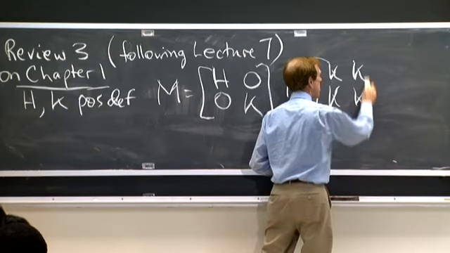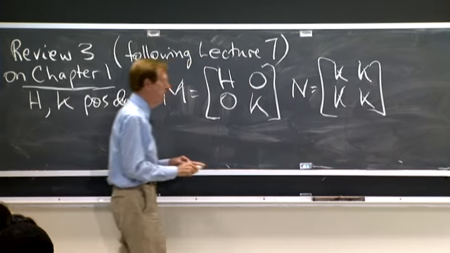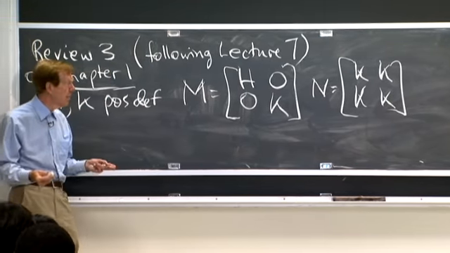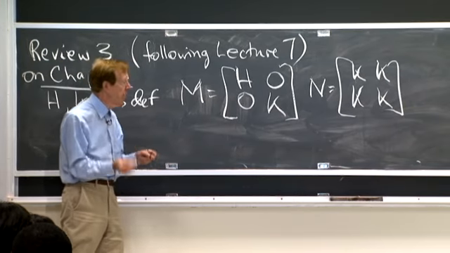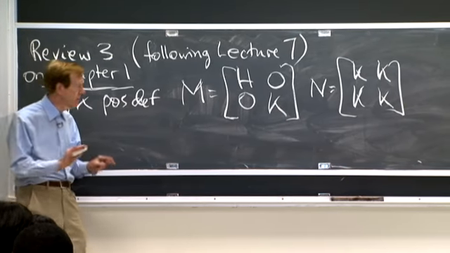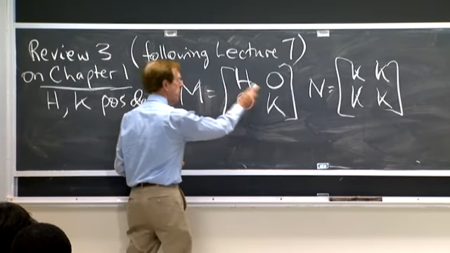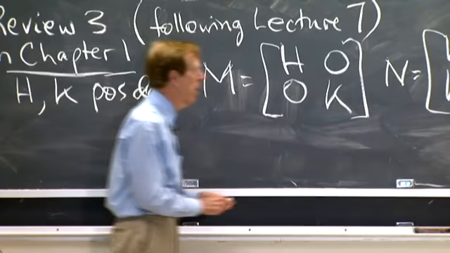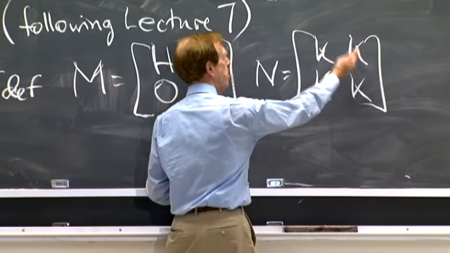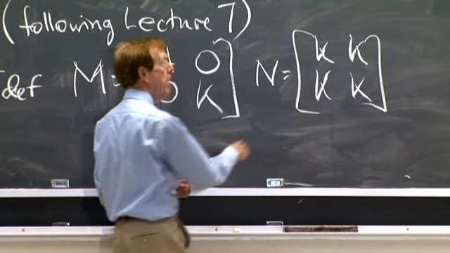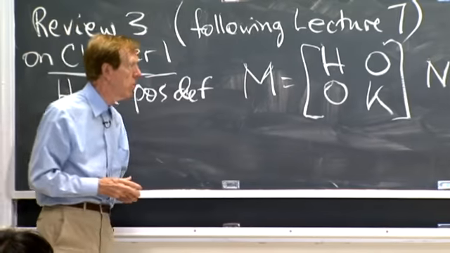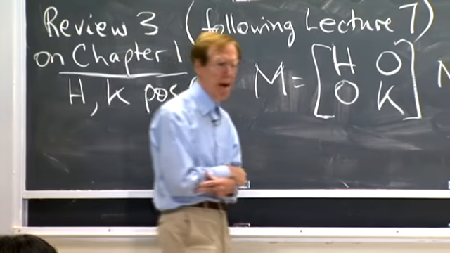So those are both symmetric. We're allowed to ask, are they positive definite or negative definite? Because they passed the first requirement. They're symmetric. We can discuss them. Because, of course, H and K each were symmetric. The transpose of this would bring K transpose down here, but that's K. So all good.